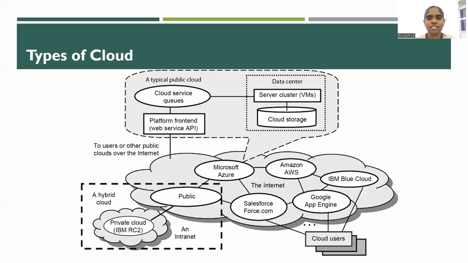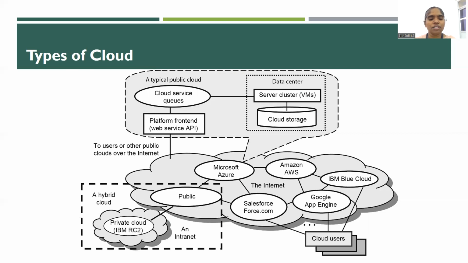And here we could see there are different services provided by Microsoft Azure, Amazon Web Services, IBM Blue Cloud, Google App Engine, Salesforce.com. So these services are provided to the public through the internet.